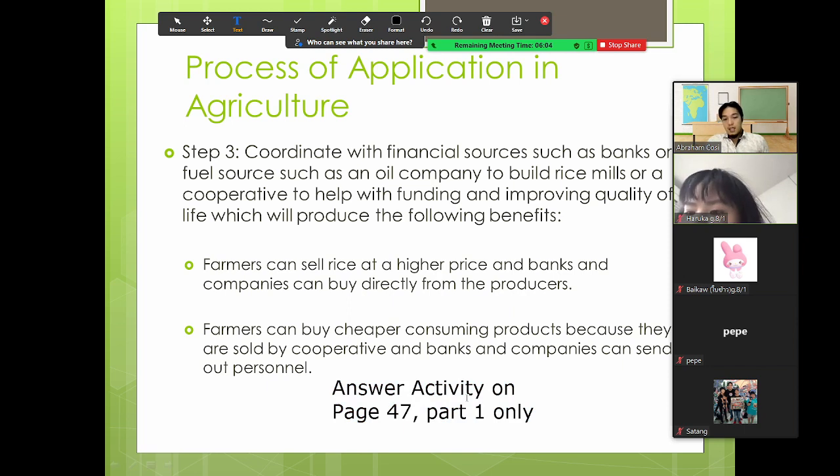So, answer the activity on page 47, just this part 1. On page 48, no need to answer that.